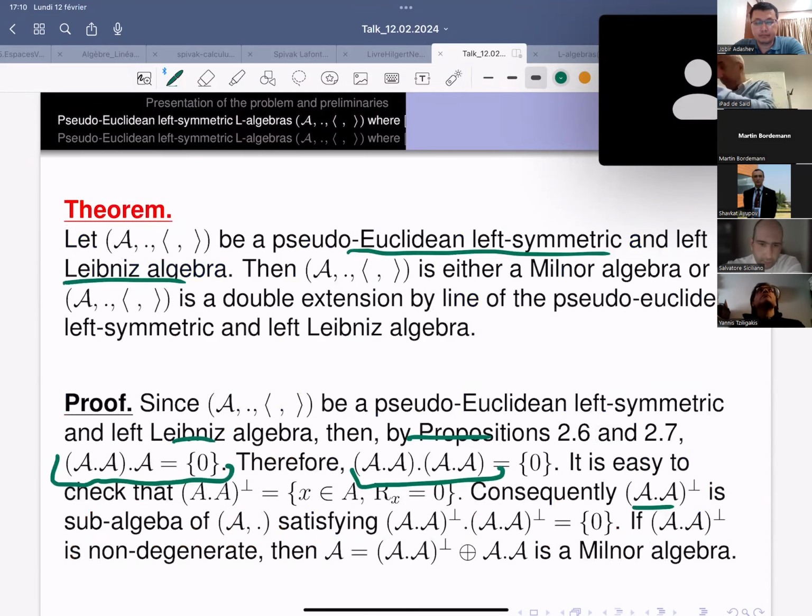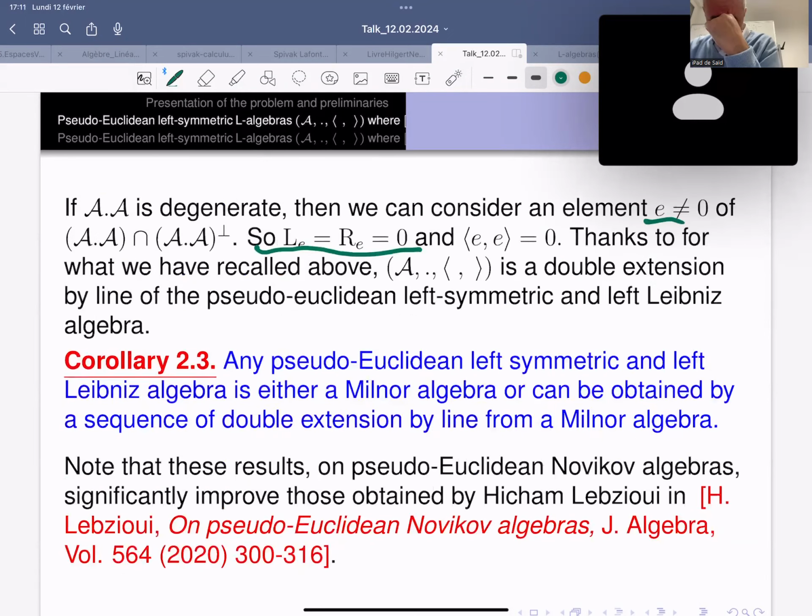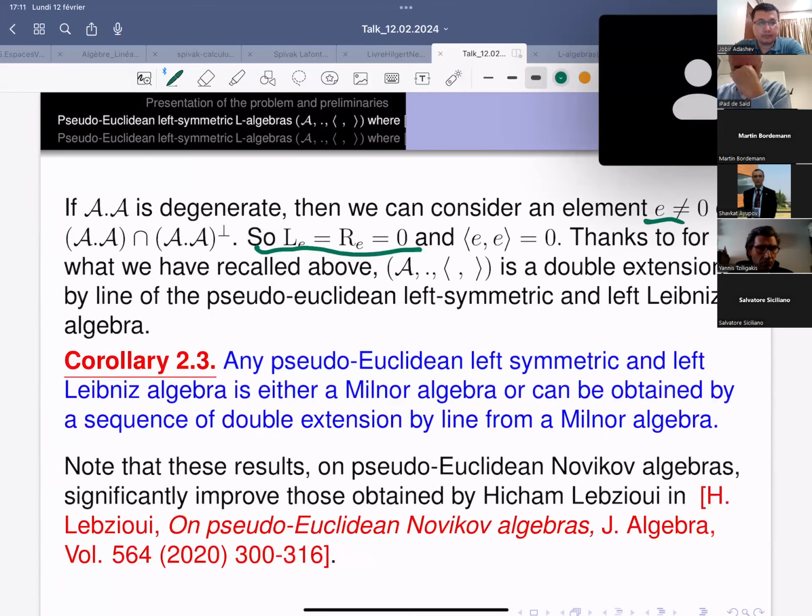Of course I have a question. My first question would be the following: you were talking about algebras which are at the same time left-symmetric and left-Leibniz. These are two strong conditions at the same time.